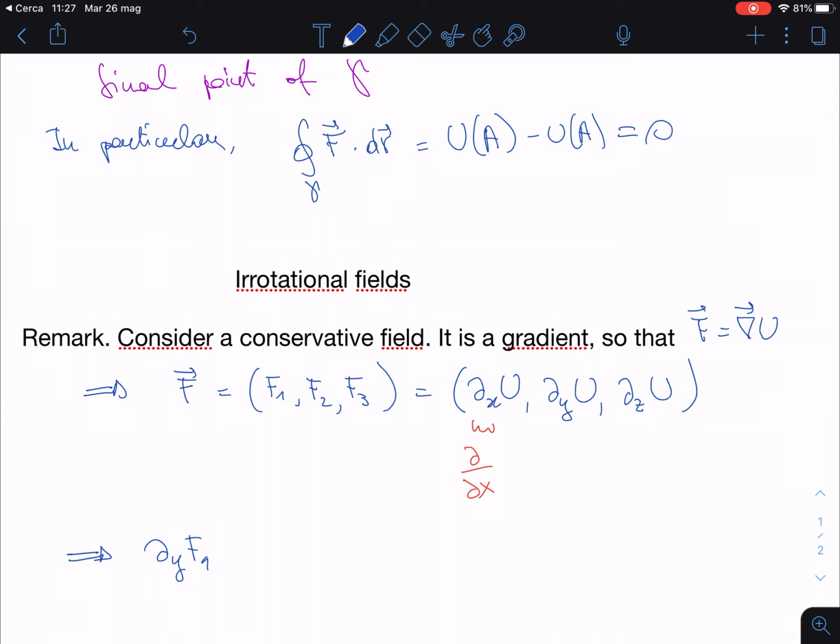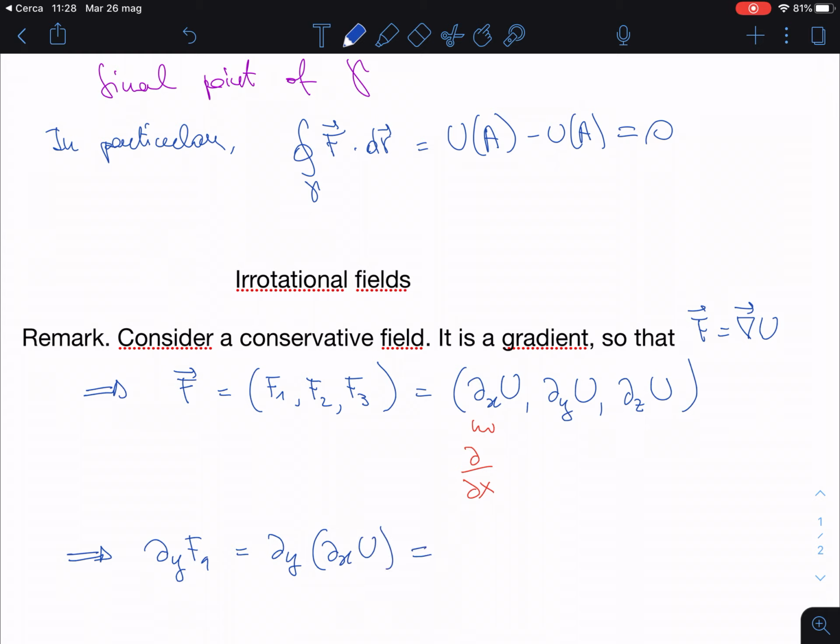Here we want just to differentiate a component of the field with another variable. So this is morally the x component of the field, and we differentiate not with respect to x, but with respect to y. So this is equal to dy of dx u.